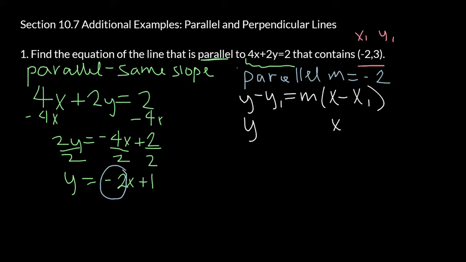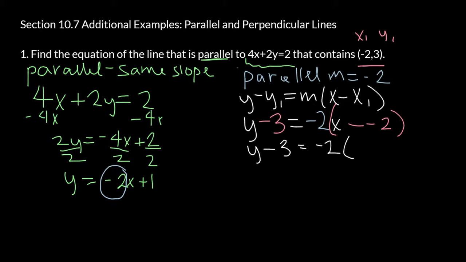So y minus 3 equals m, which is negative 2, times (x minus negative 2). And then we want to simplify that equation. So I'll rewrite it. y minus 3 equals negative 2 times (x plus 2), since x minus negative 2 is x plus 2.